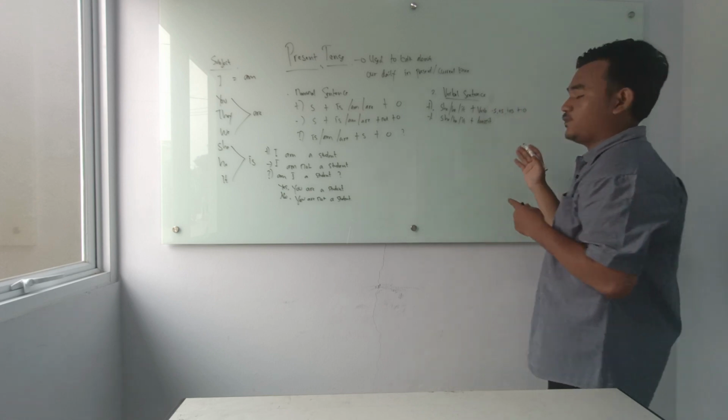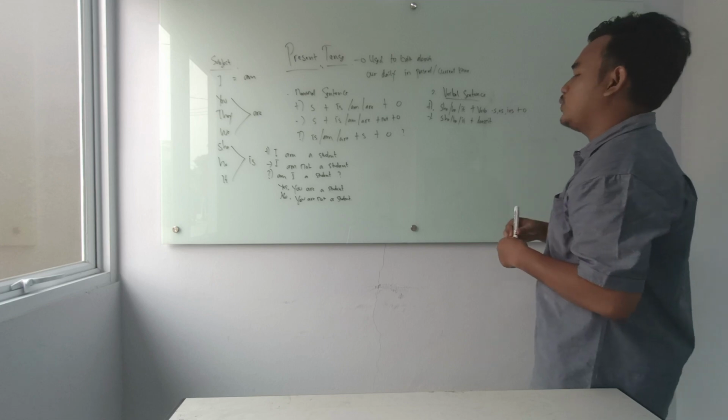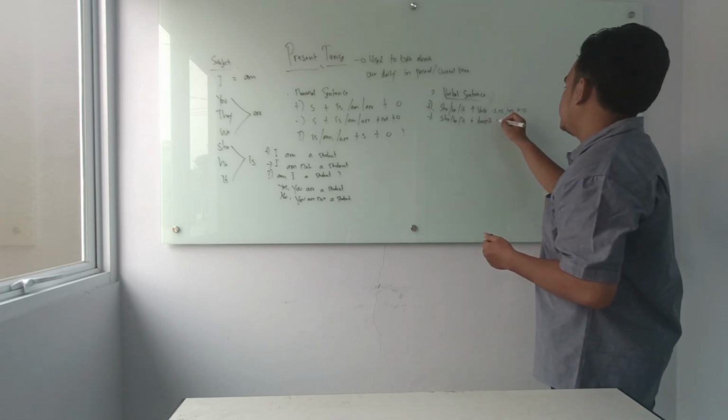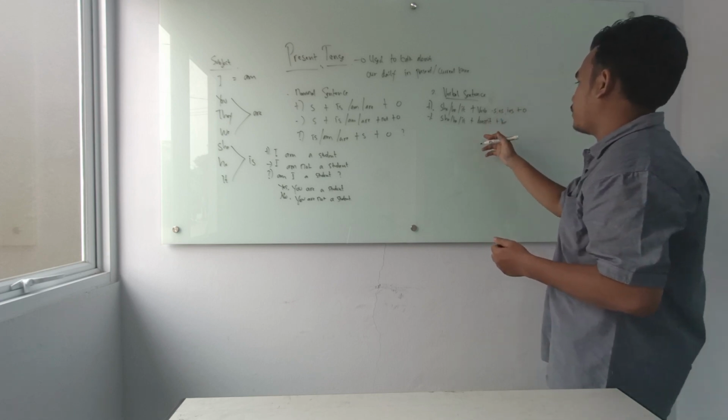Remember, in the negative with the subject she, he, it, we need doesn't before the verb. And then plus the verb here.